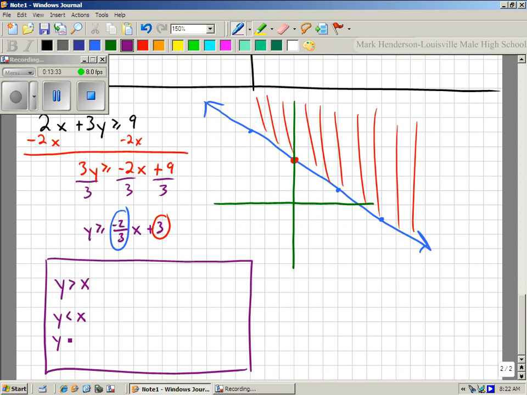I'm not giving myself enough room. Y is bigger than or equal to x. Y is less than or equal to x. So, this means it's dotted. This is solid. And again, somebody already said it, because it has the equal sign below it.